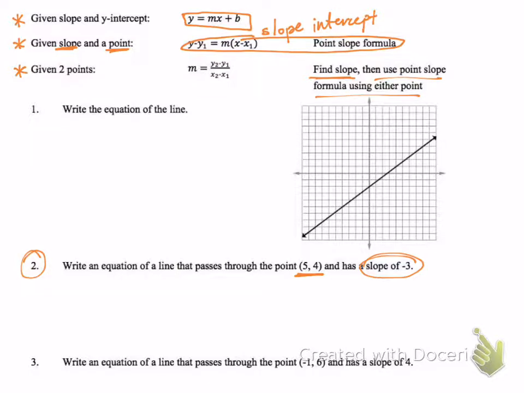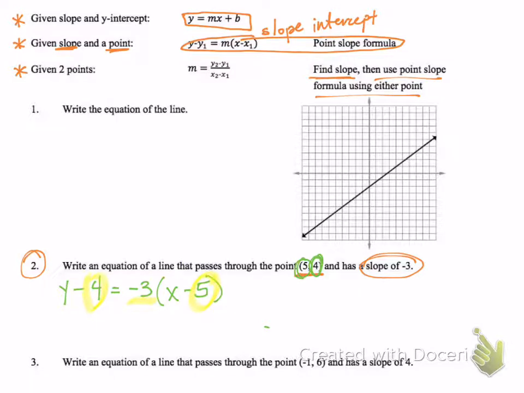So you can automatically put it into point-slope form, where the formula is, and you do need to have this memorized: y minus y1, which is 4, equals my slope m, which is -3, parenthesis, x minus 5, because my x1 is the 5. So what I put in: my y, my x, and then the -3 was the slope.